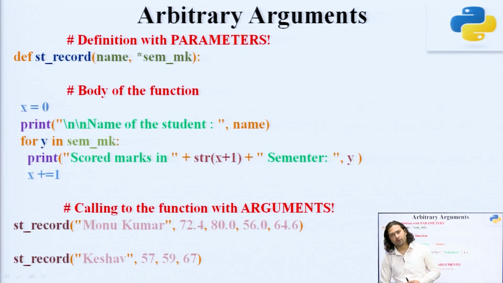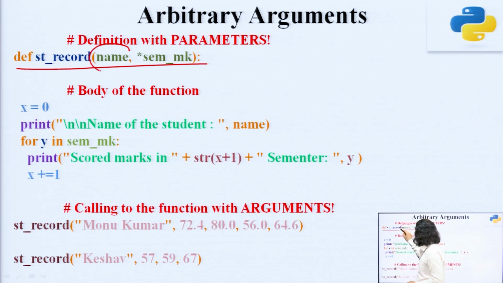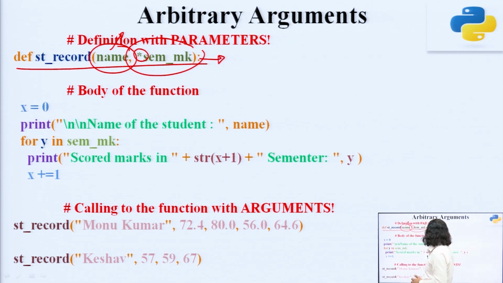Now, look at the program of this arbitrary argument. In the definition of the function, here you can see that we have the very first parameter, name. It is a very simple parameter, but look at the second parameter, it starts with the star, that means it is the arbitrary parameter.